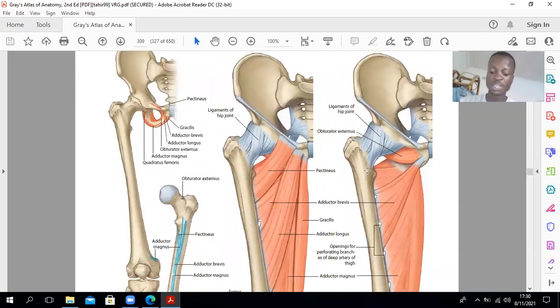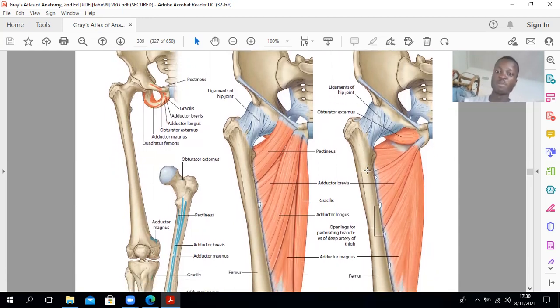Then if you go to the medial compartment, just like the posterior compartment, these muscles are going to be coming from the inferior ramus of the pubis. So pectineus, remember I said it's also part of the anterior compartment. Adductor brevis, adductor longus, gracilis. Then you have the adductor magnus, which we also say has a hamstring portion, which makes it also a part of the posterior compartment of the thigh.